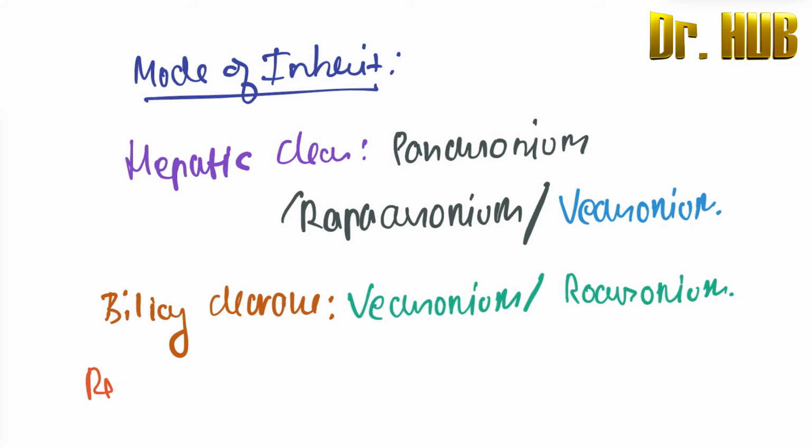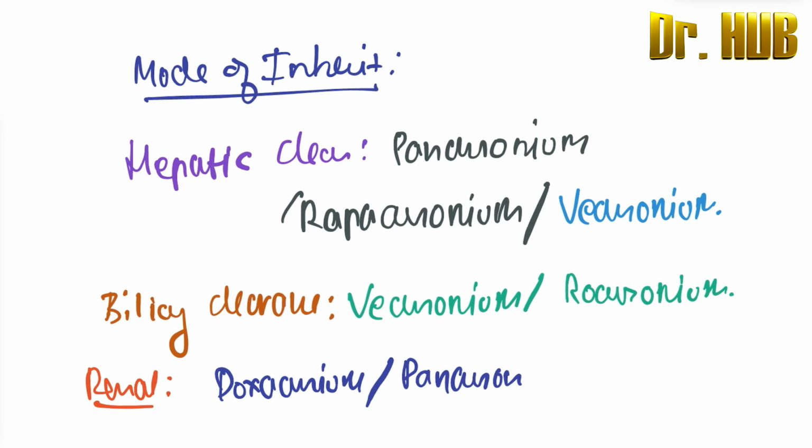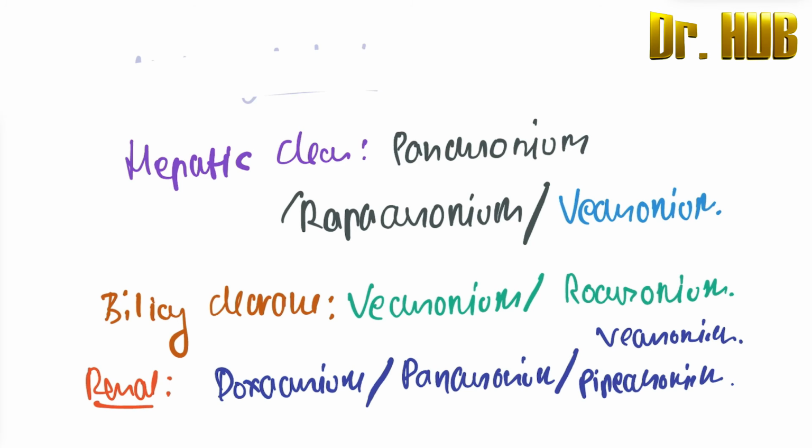Next is renal clearance, which includes doxacurium, pancuronium, vecuronium and pipecuronium.